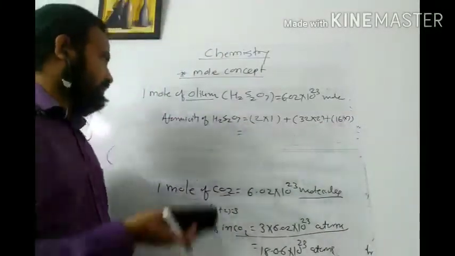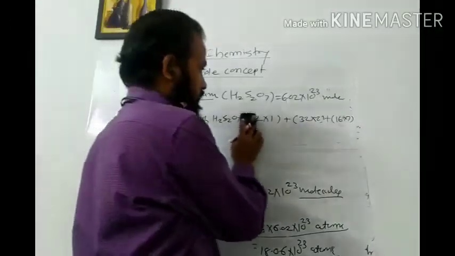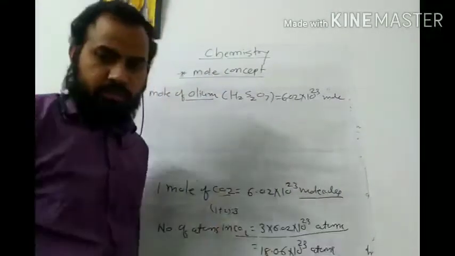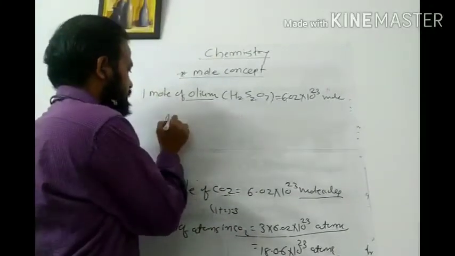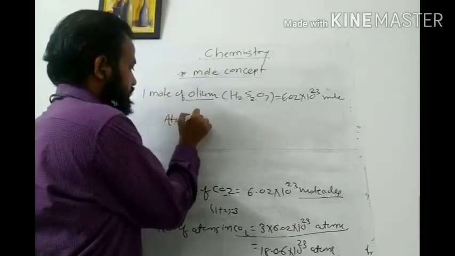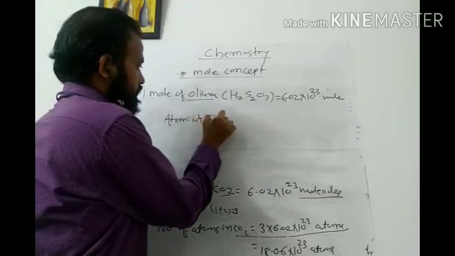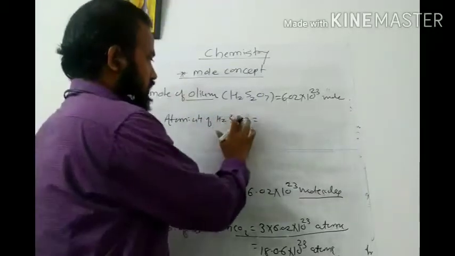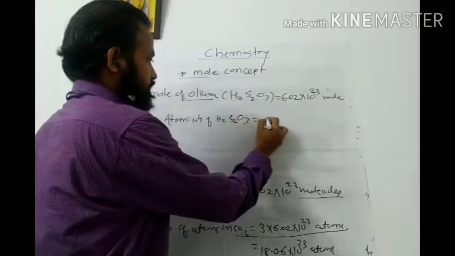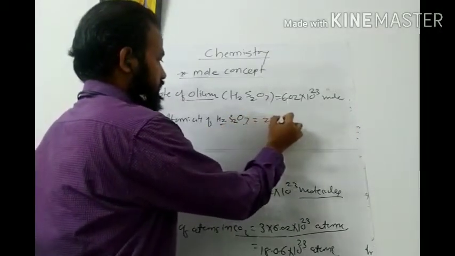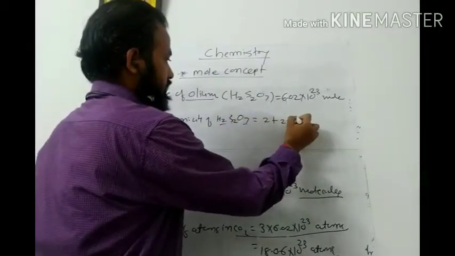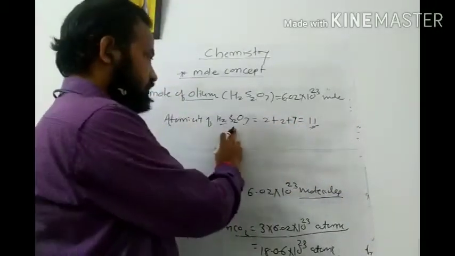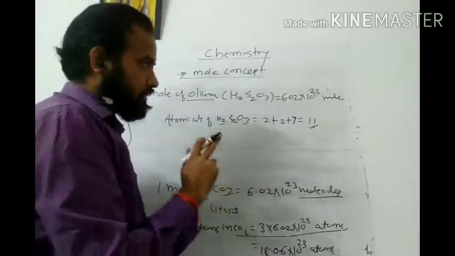Sorry, here I calculated the atomic mass. No, I am not interested to know the atomic mass. Okay, sorry, here we have to calculate the atomicity. So I just correct it. Atomicity of H2S2O7: simply we have to count the atoms. So here 2 plus 2 plus 7. So it becomes 4 plus 7, 11 atoms, isn't it? So the atomicity of H2S2O7 is 11.